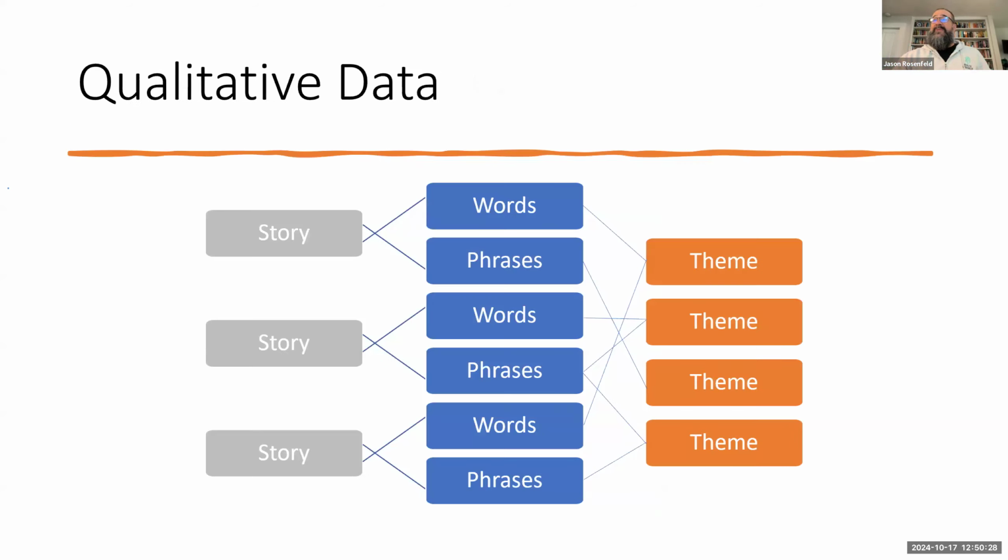So let's assume that you have collected your data in one shape or another. The way that qualitative data are generated is by listening to people's oral stories and putting them into a written story through what we call a transcript, right? So I conduct an interview today. I listen, I record that interview, and then I turn it into a written transcript of the conversation that we had.